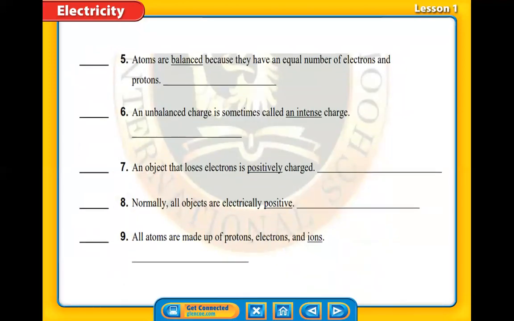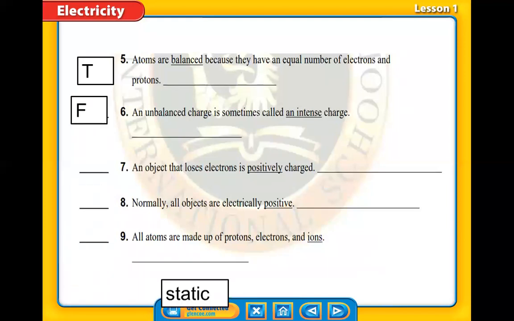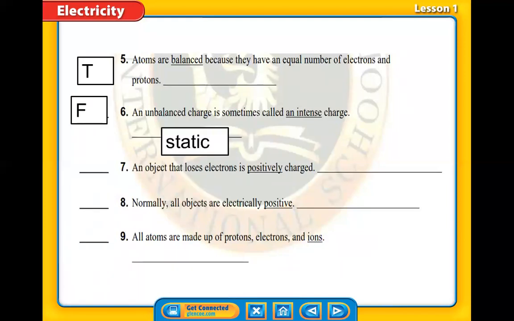Number 5, atoms are balanced because they have an equal number of electrons and protons. Correct. Why? Because the electrons are negatively charged and the protons are positively charged, so it's going to be balanced as the two charges equal each other and cancel each other. The unbalanced charge is sometimes called an intense charge. False, it's called static charge. Number 7, an object that loses electrons is positively charged.